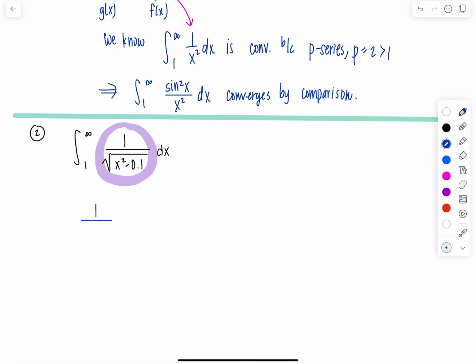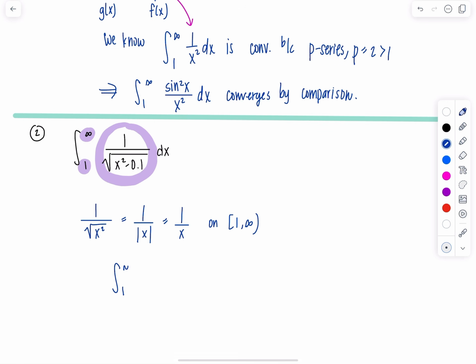I have square root of x squared. Square root of x squared, that's technically, do you remember, absolute value of x. Notice here we're integrating from 1 to infinity. So on 1 to infinity, x is always positive, so I can just simplify this to 1 over x on 1 to infinity.